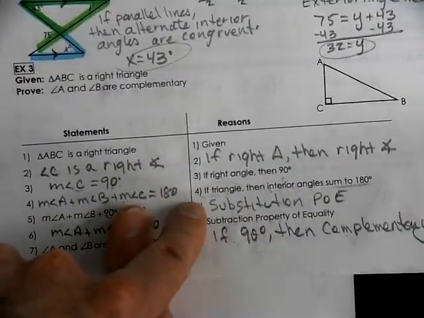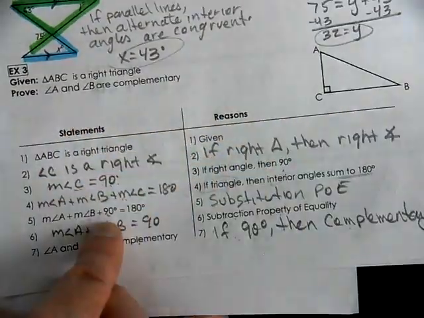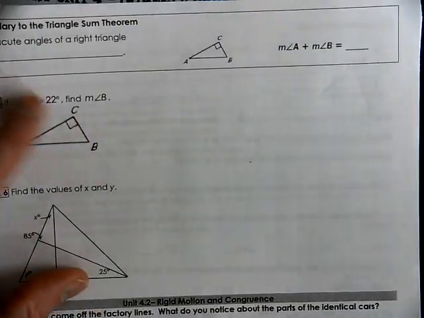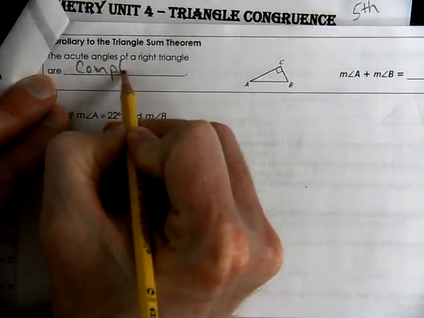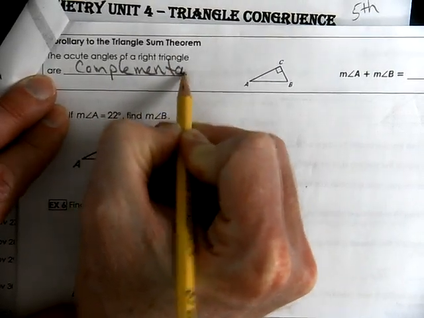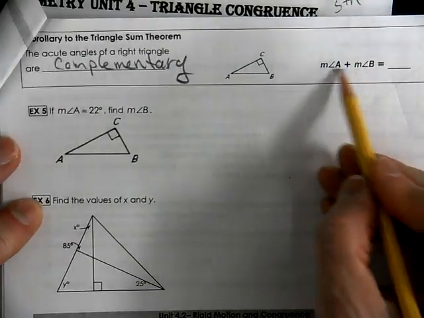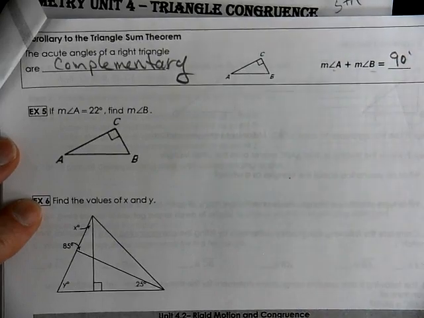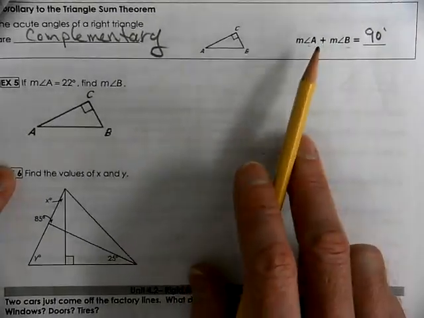That's just what we were talking about over here. That A and B add up to 90. The acute angles add up to 90. That they are complementary. That their sum adds up to 90 degrees. So, we can use that fact.